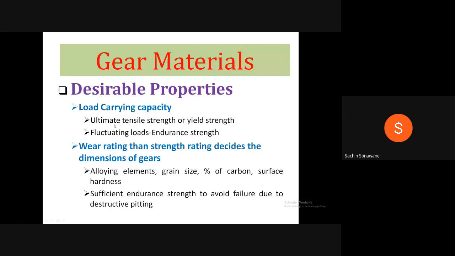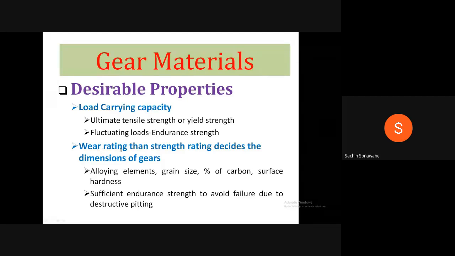Therefore, a desirable property of gear materials is good load carrying capacity, that is, it should have high ultimate tensile strength or yield strength. Then it should withstand fluctuating loads, that is, endurance strength. Fluctuating loads means the load which varies from maximum to minimum. Therefore, it should have high endurance strength. Then, whenever gears are transmitting, forces are acting. Therefore, there are chances that wear and tear will take place.